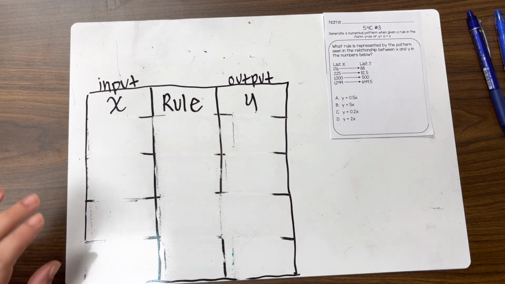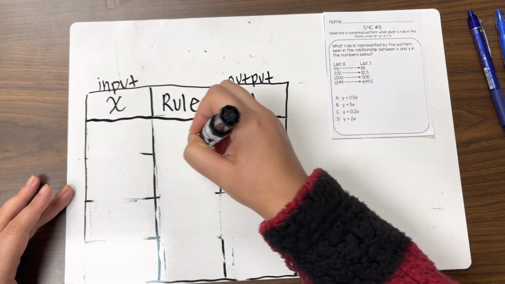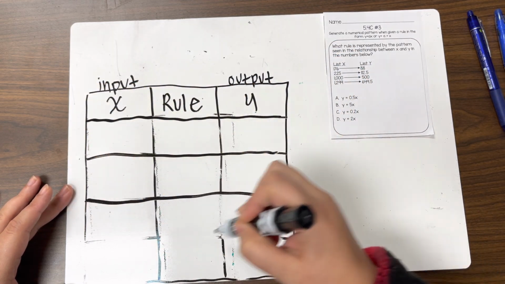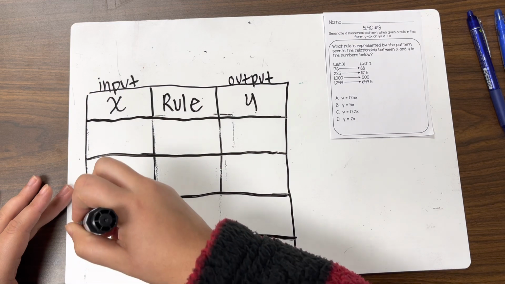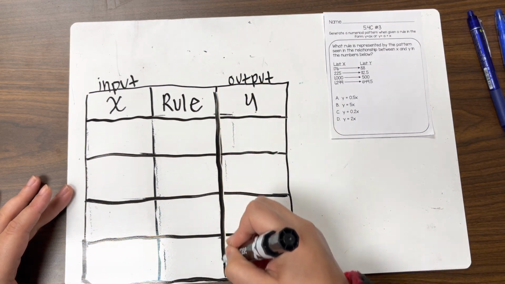All right, so let me fix some of this, and then I'm going to fill in the table with the numbers that they gave us, okay?